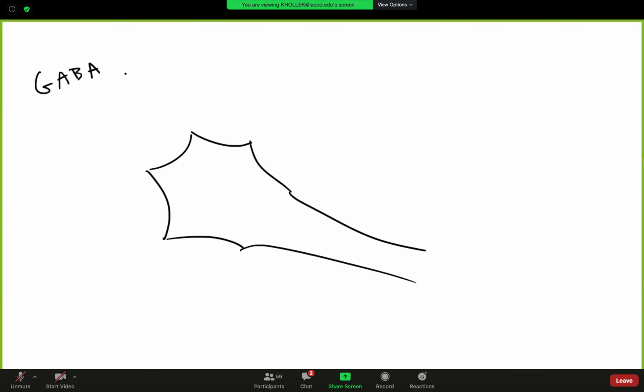If you have GABA binding to the receptor and opening up this, let's say, chemical gated or ligand gated channel, now instead of a positive ion coming in, it could be a negative ion going in.